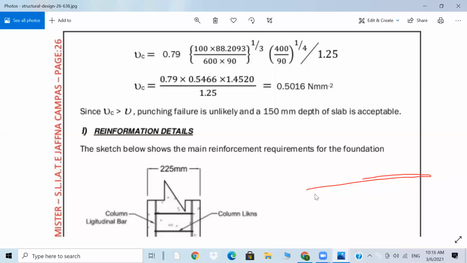The vc is 0.79 into 0.45 into 1.45 divided by 1.25. So altogether it will be coming 0.5069. So the vc is greater than the v, punching failure is unlikely to take place, and the 100 millimeter depth of the slab is acceptable. So if this requirement has not been satisfied, you have to increase the slab depth definitely and check the requirement of the shear value.